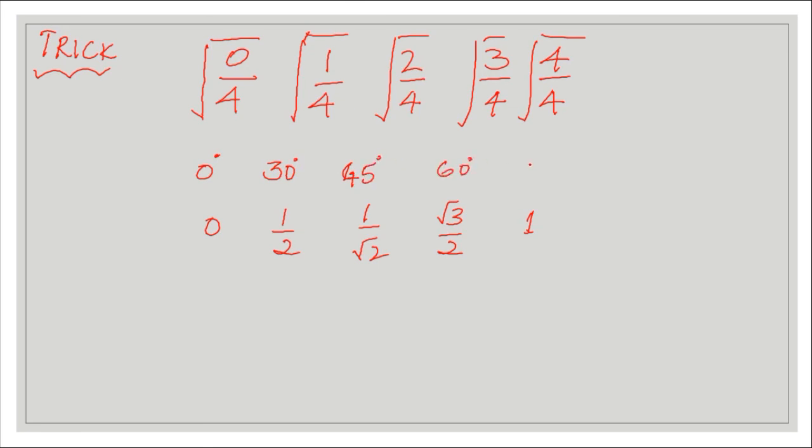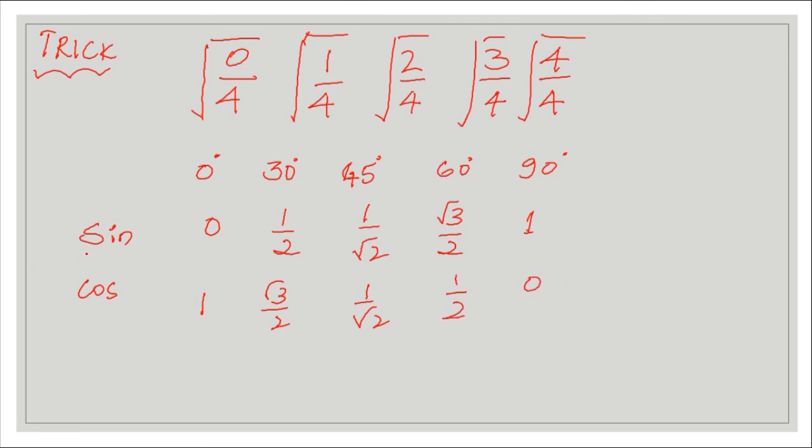These are with respect to 0 degree, 30 degrees, 45 degrees, 60 degrees and 90 degrees with respect to sine of the angles. Now to get the cos of the angle, write the same thing in a reverse order. Start from 1, then root 3 by 2, then 1 by root 2, then 1 by 2, then 0.